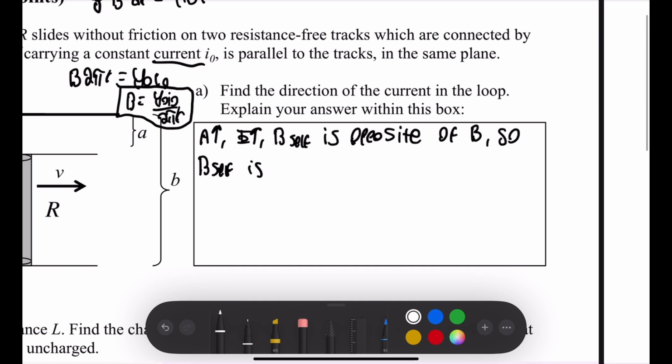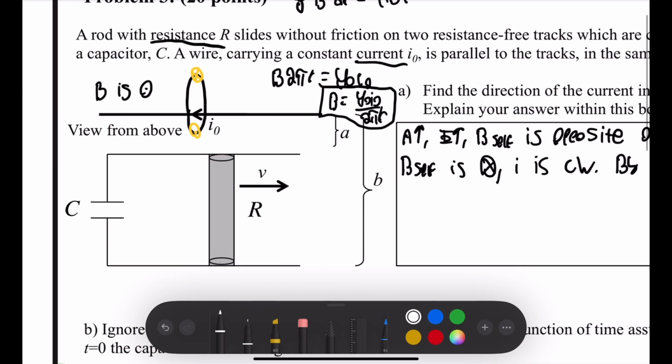So that means B self is going to be into the page. So current will be, well, point your thumb into the page. The way your fingers curl tells you the direction of current. So current is going to be clockwise. You can put something like 'by Lenz's law'. But that's why. So then current's going to be clockwise. So it's going to be like this.